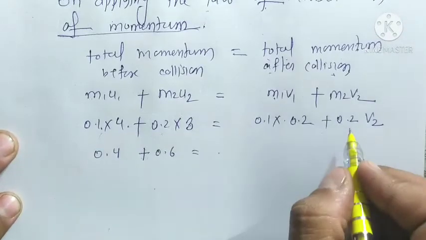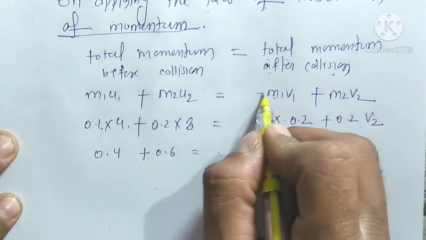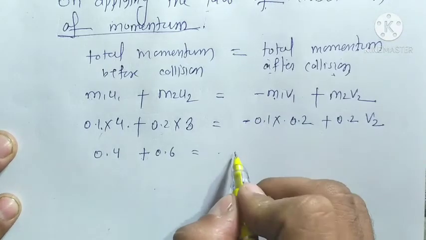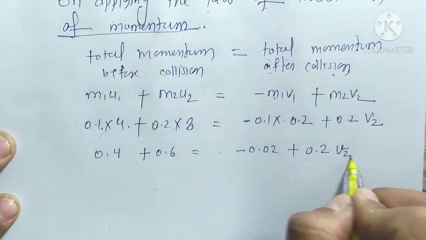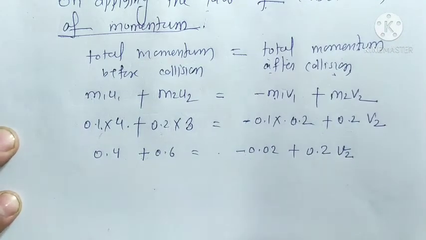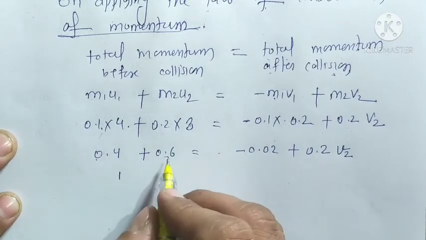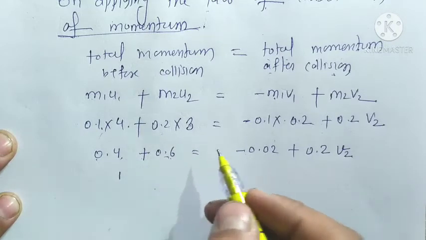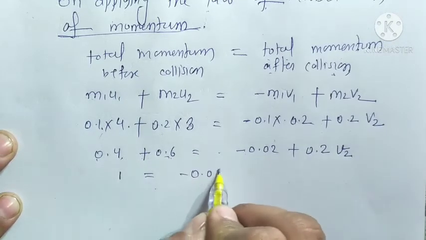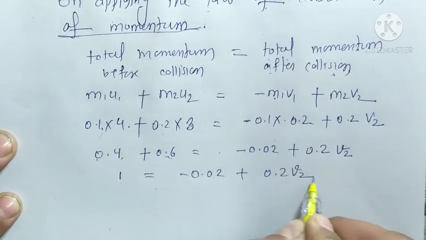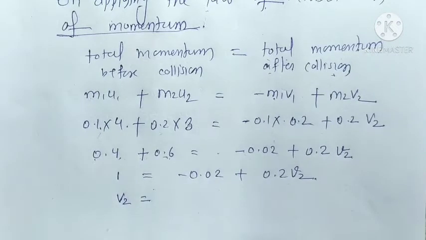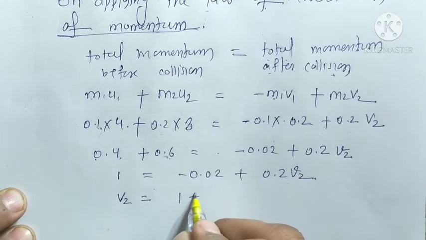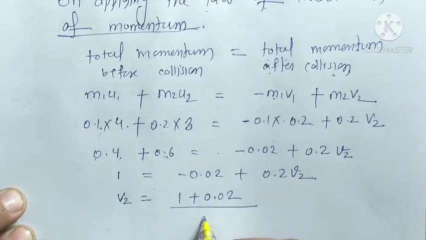So here v1 is negative, giving minus 0.02 plus 0.2 v2. We take only magnitude values here. So 0.4 plus 0.6 becomes 1, which equals minus 0.02 plus 0.2 v2, and v2 is equal to 1 plus 0.02 upon 0.2.